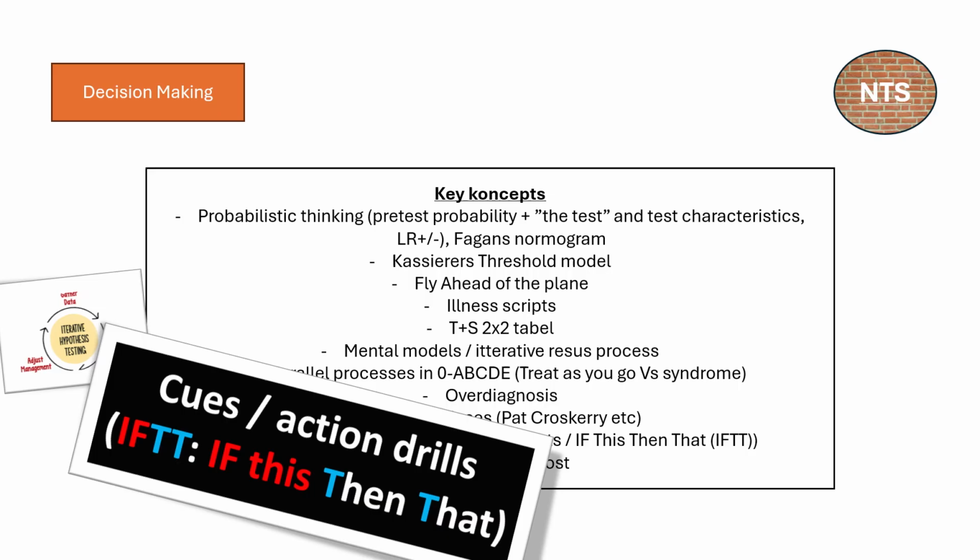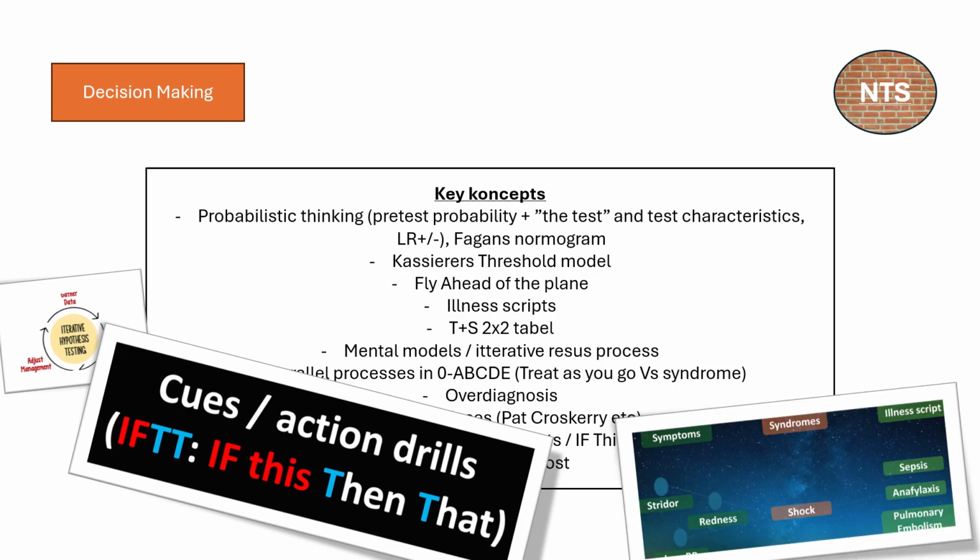You have to have syndromic scripts, or action drills, both for halo scenarios, if this happens, then you do this, but also for zero warning situations where the patient is really bad, hypotensive. What do you do? Well, one to two IO or something like that.